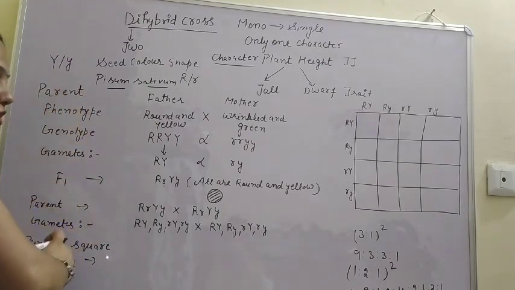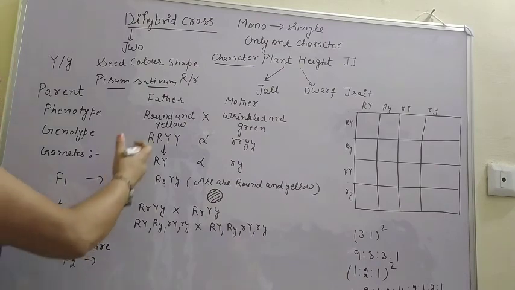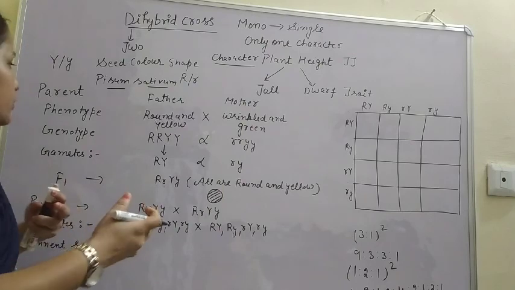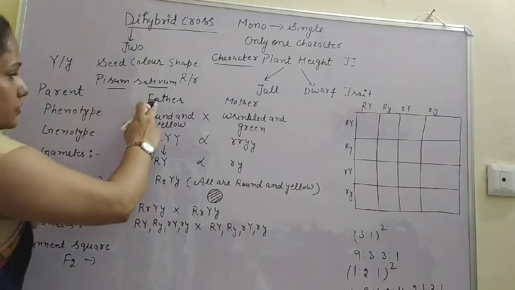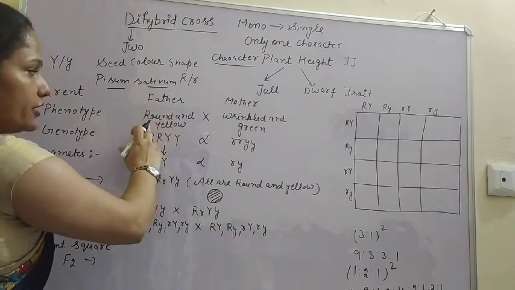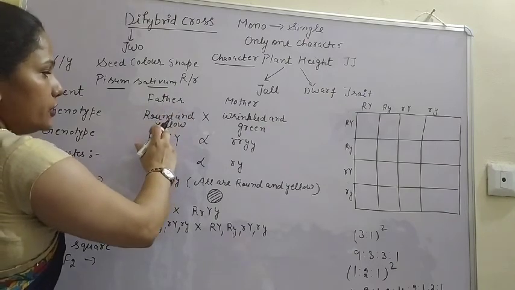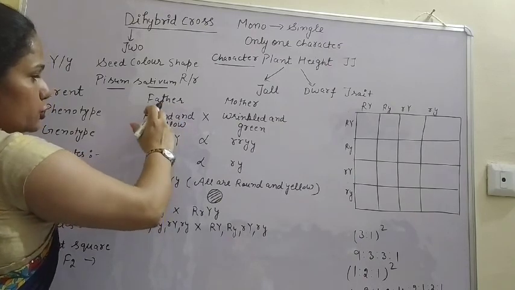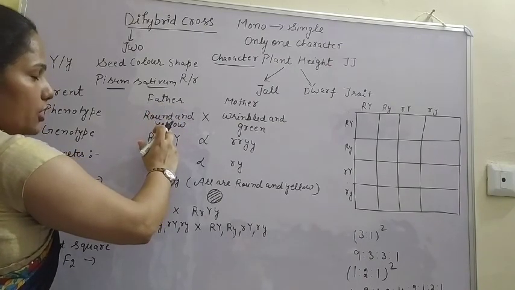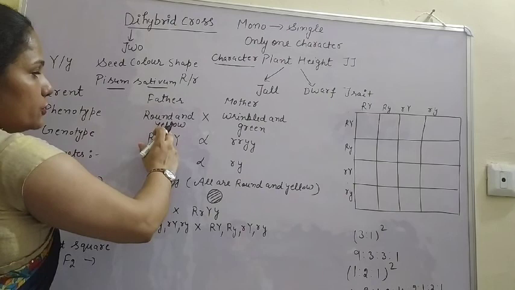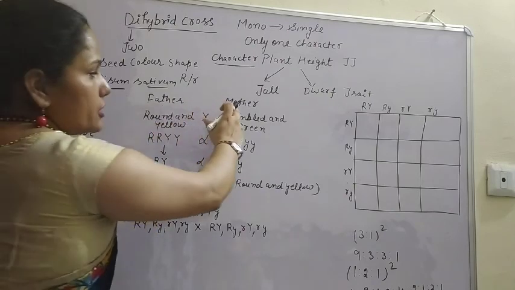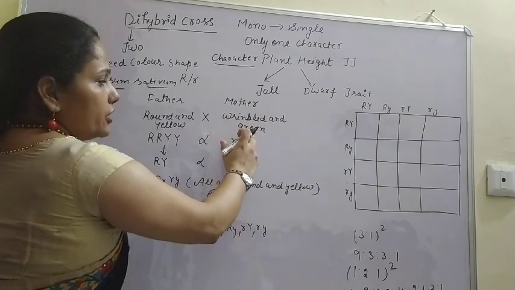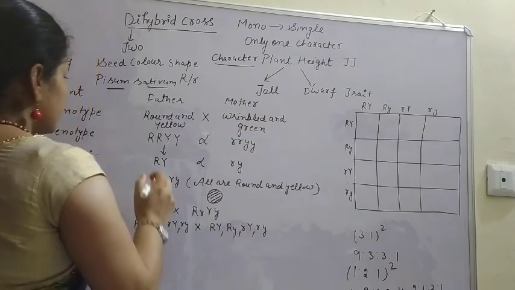These terms are very important so that we can understand this cross in a very good way. The phenotype of the father is round and yellow. Both, the round, that is the shape, and yellow, that is the color of the seed, are the dominant characters. And in case of the mother, wrinkled and green, these both are the recessive characters.